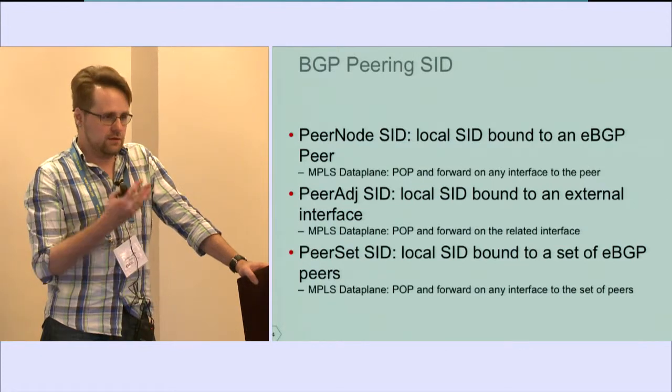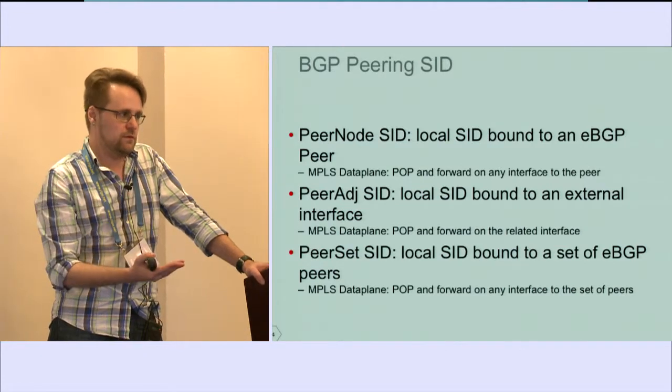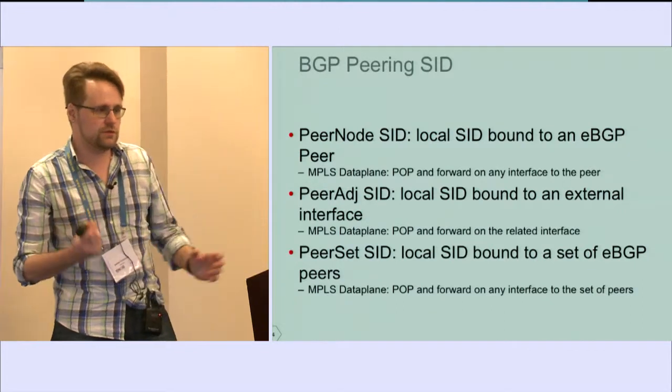When every SID is allocated, the router programs its own database by taking this marker, which has just been allocated, and attaching an action to it. It is removed and forwarded in a certain direction, to a certain destination, either to a peer or to an interface, or it is balanced across the peer set members.